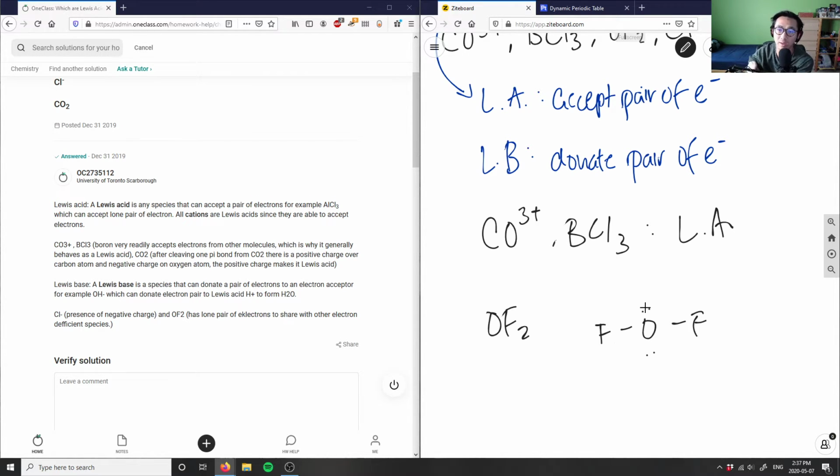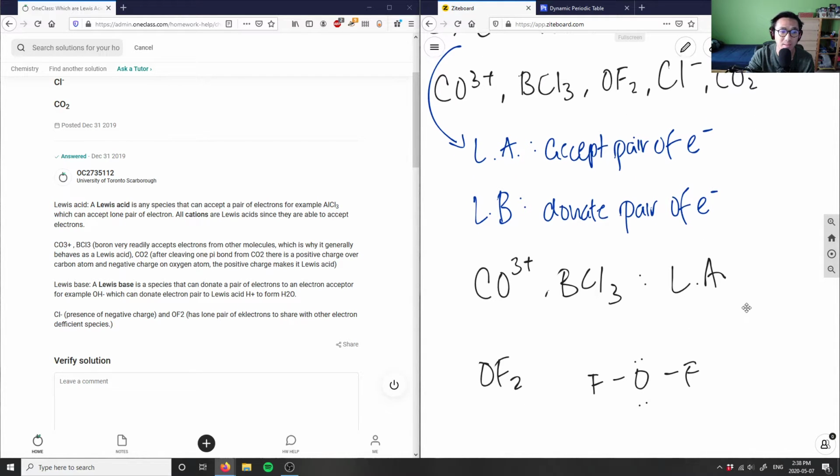So you can donate to BCl3, for example, and make a bond, right? For example here, OF2 has 2 pairs of electrons it can share, right? I have 1 pair here and 1 pair here. I can donate these electrons to another species to create a bond here. So this here, OF2, is a great Lewis base.